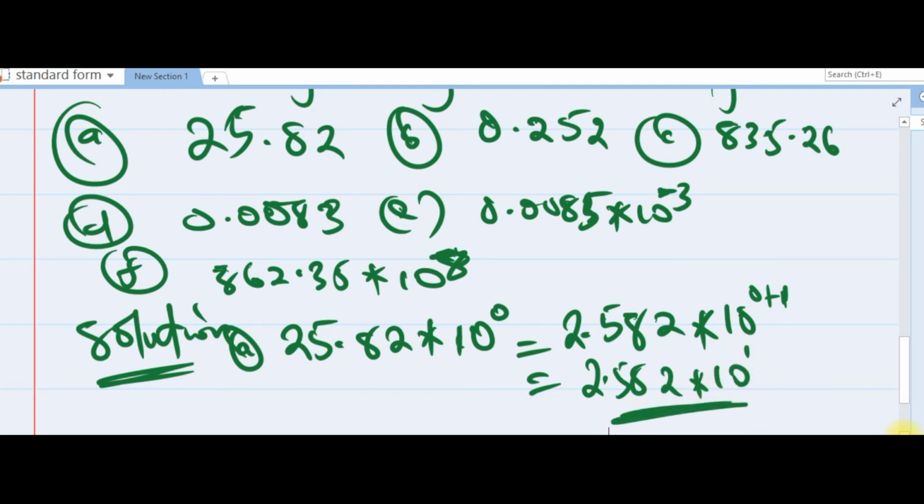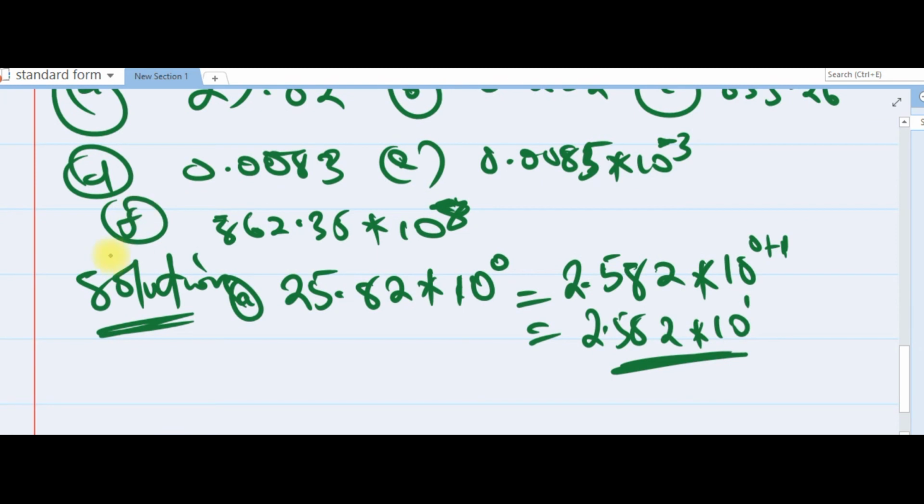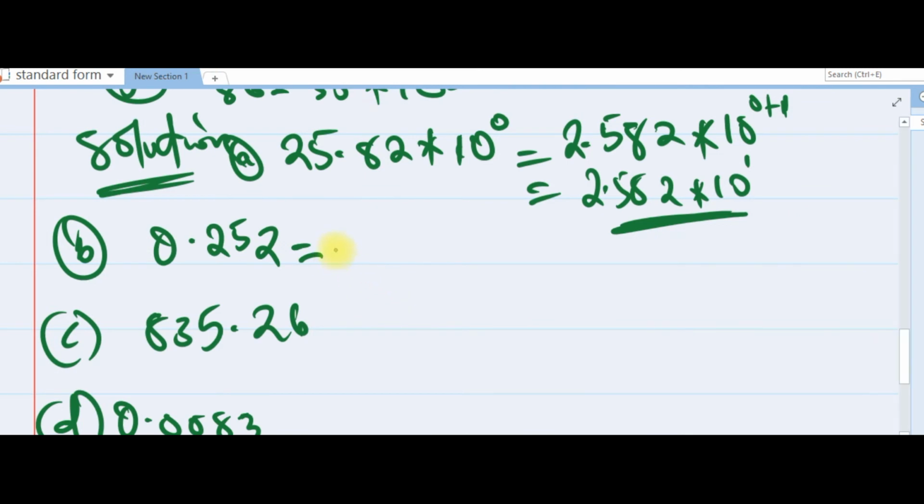The second one is the same thing. We can write it as 0.252 times 10 raised to power 0. Start with 0 first. Then we move one decimal place to the right, giving 2.52 times 10 raised to power.